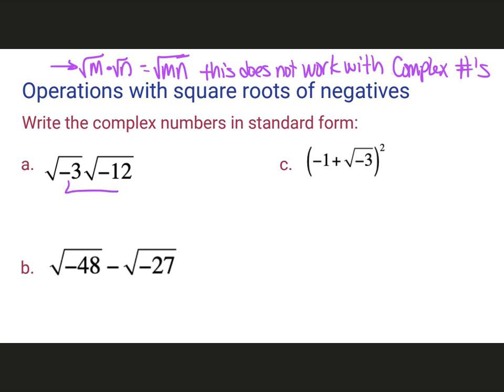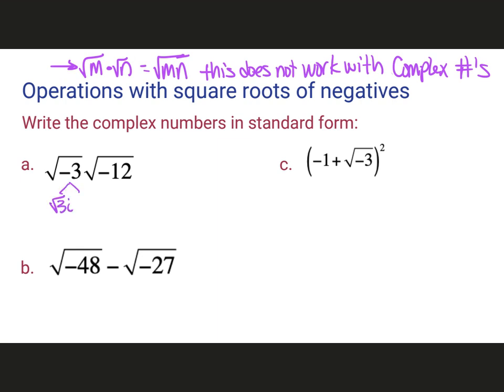If I multiply 3 times 12, that will give me 36. And the square root of 36 is 6. If I multiply negative 3 times negative 12, you get a positive 36, which does not account for i. So it eliminates your signs if you follow that process. So this is why we have to rewrite this as root 3i.